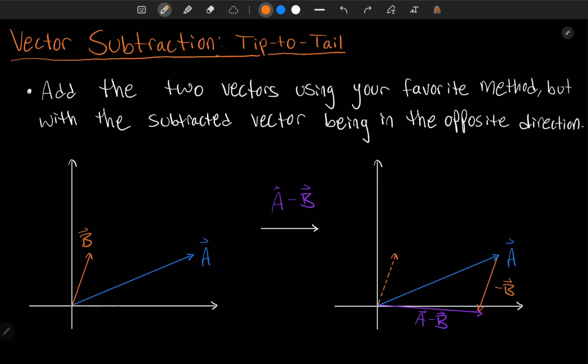So just like we did before with the tip to tail method, I then draw an arrow from the tail of a to the tip of what is now negative b. And when I do that, I get an arrow pointing down, given by this purple arrow, and that's the a minus b vector. So that's how you would use the tip to tail method. Now let's use the component method for vector subtraction.